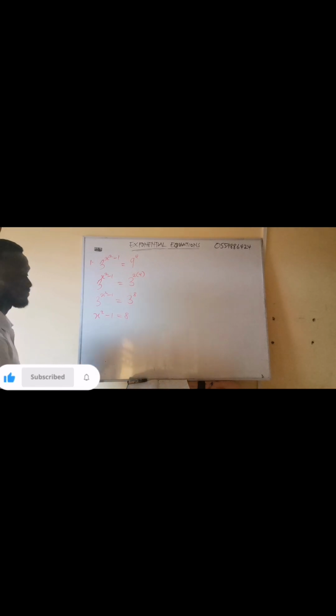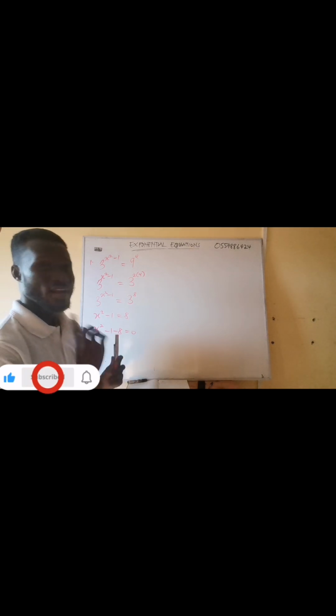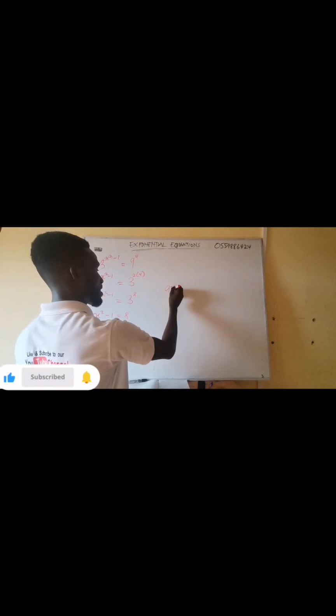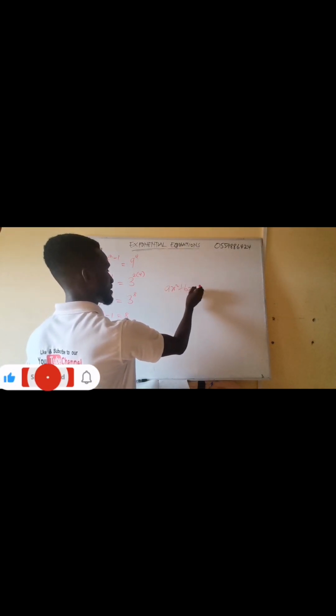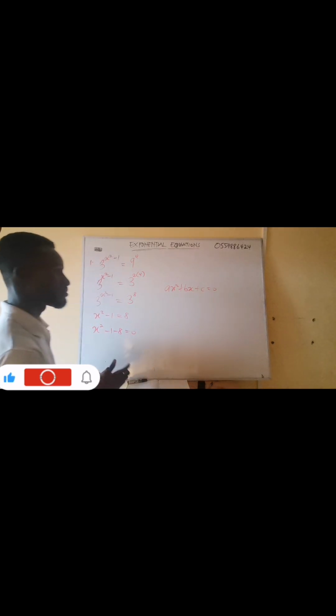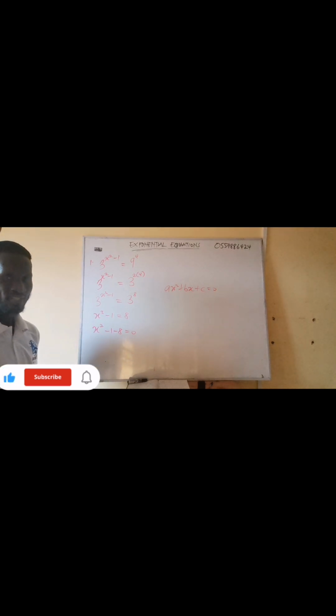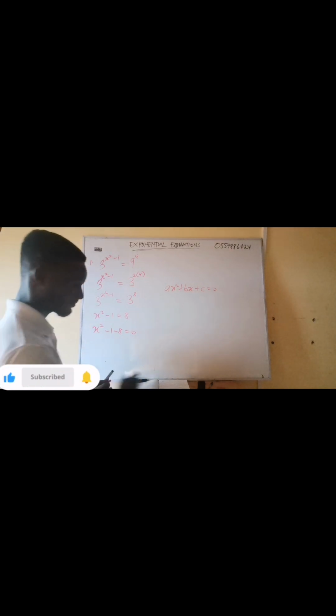We have s squared minus 1, then this 8 crosses the equal sign, so I get minus 8 equal to 0. Any quadratic equation is of the form ax squared plus bx plus c equal to 0, so I have to bring all terms to one side, equal to 0, before I start solving.